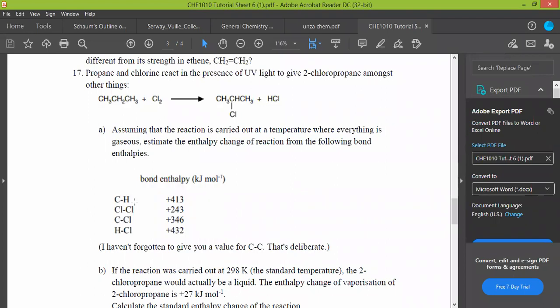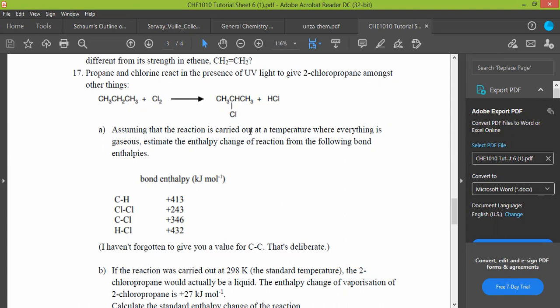You have 7 hydrogen atoms in this particular molecule: 3 here, plus 1 there, 7. So you have 7 CH bonds, plus how many CCl bonds do you have? This bond here, 1 CCl bond. So this is how you are going to place in the values, and then you find your answer.